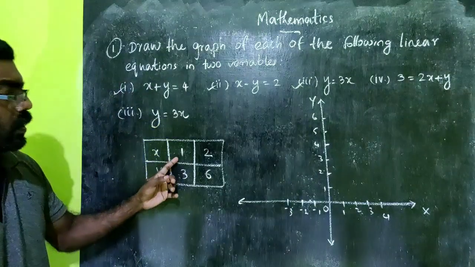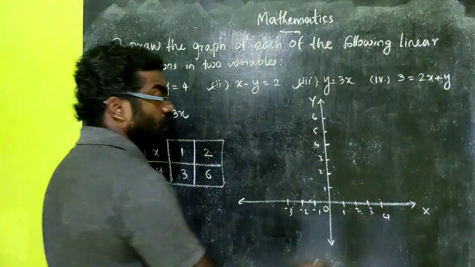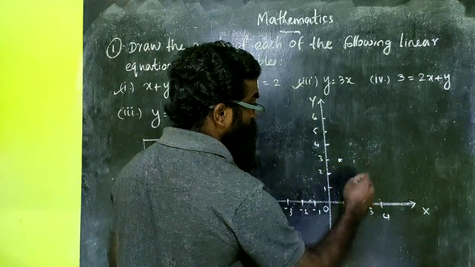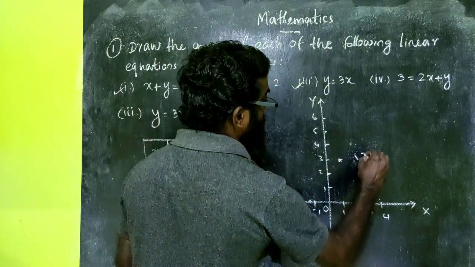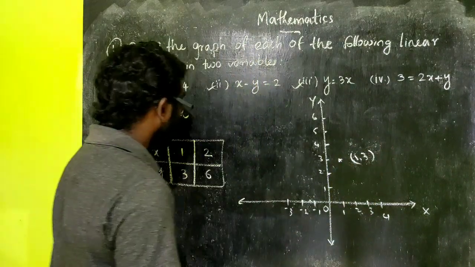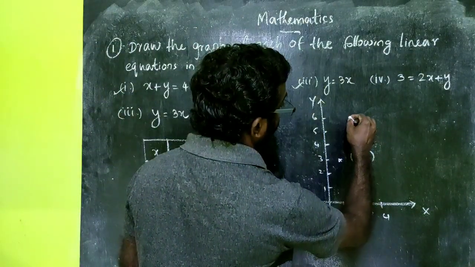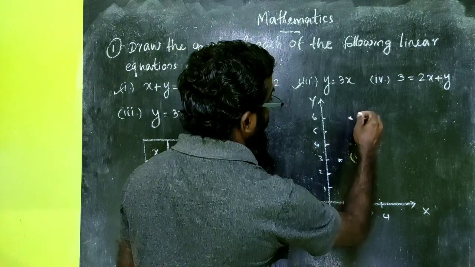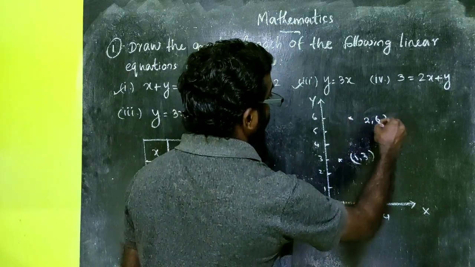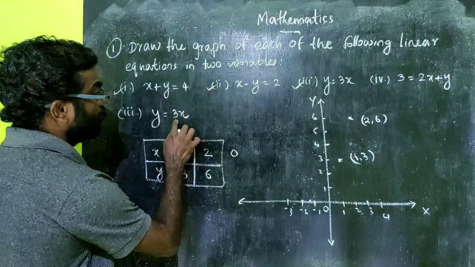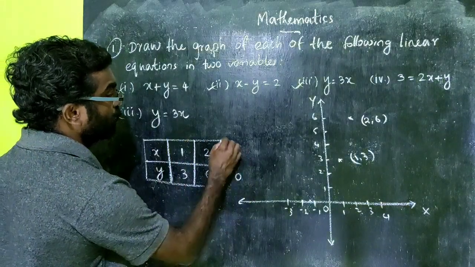The first point is (1, 3). Then (2, 6), the corresponding image of 2 is 6. And if x is equal to 0, 3 into 0 is also 0.